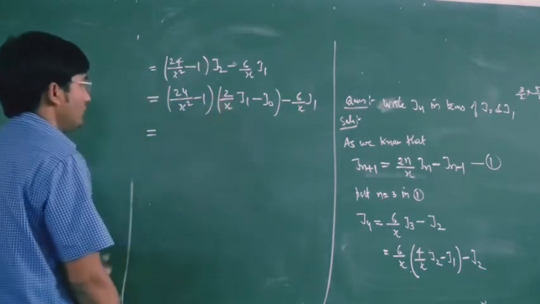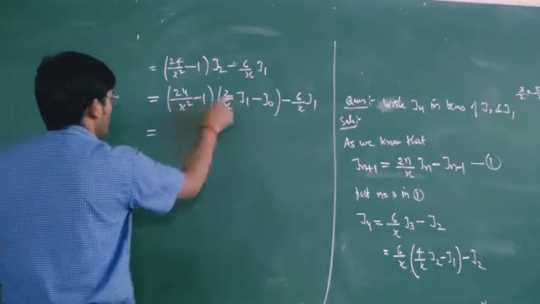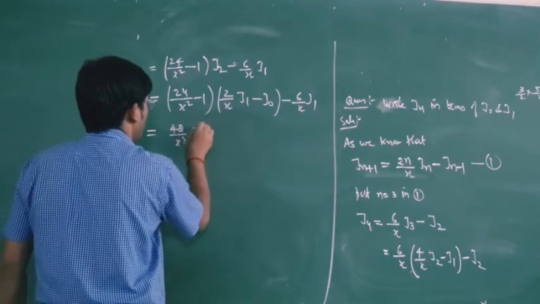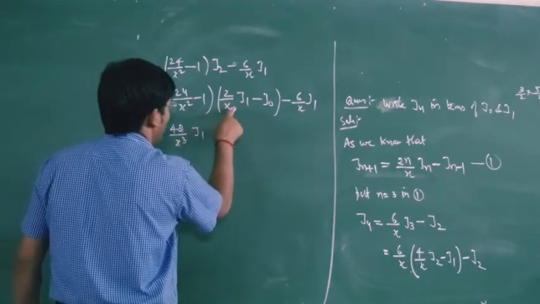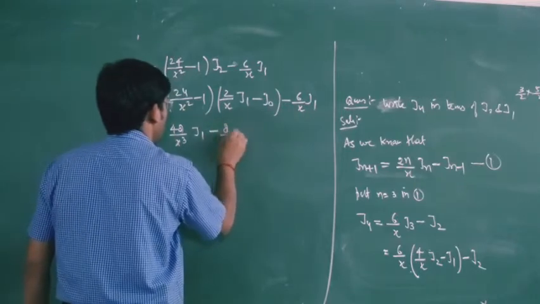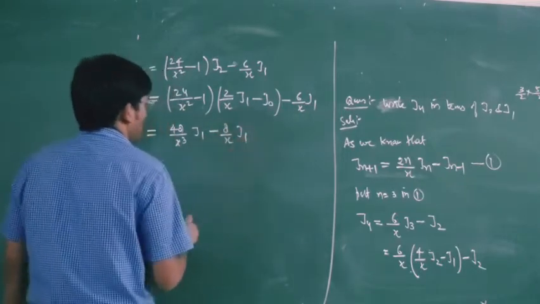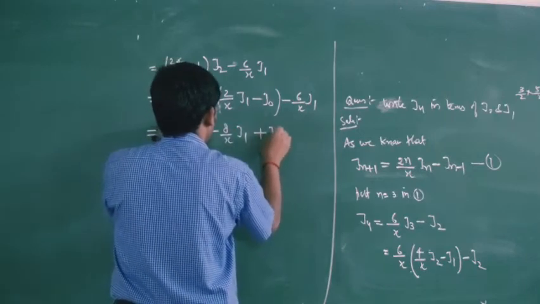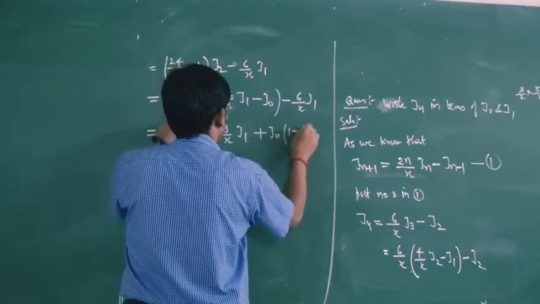We need the value in terms of J1, so this will be 48 upon x cube into J1. Then here we will have minus 2 upon x J1, minus 6 upon x J1, so we will have minus 8 upon x J1. Then we will have minus J0 into this term, so this will be J0 into 1 minus 24 upon x square.